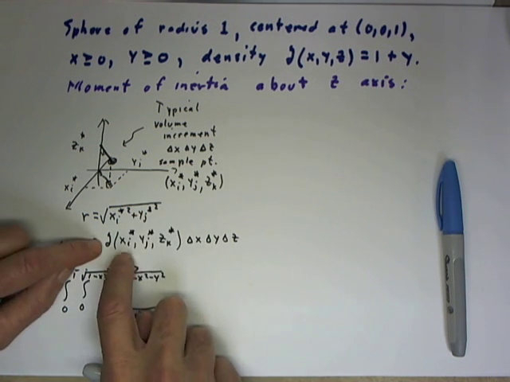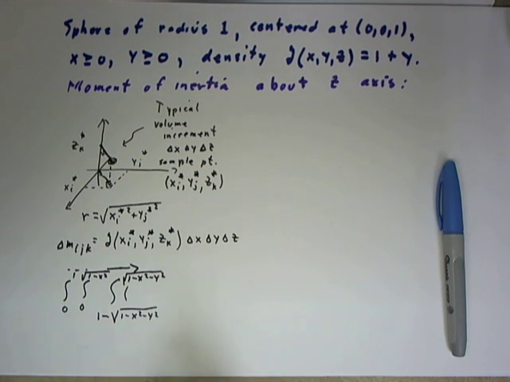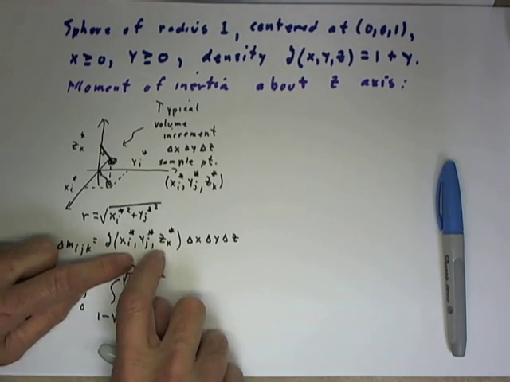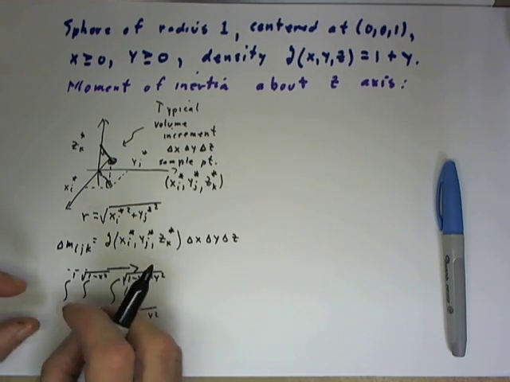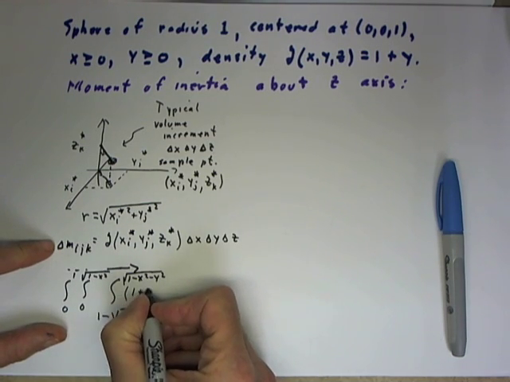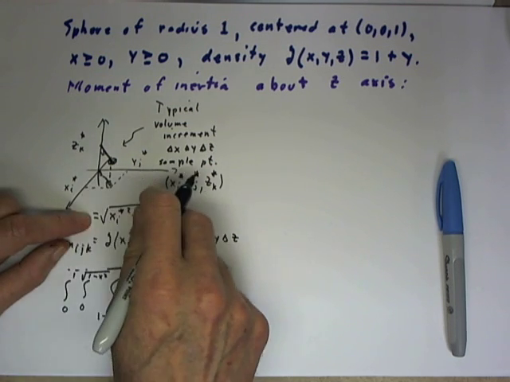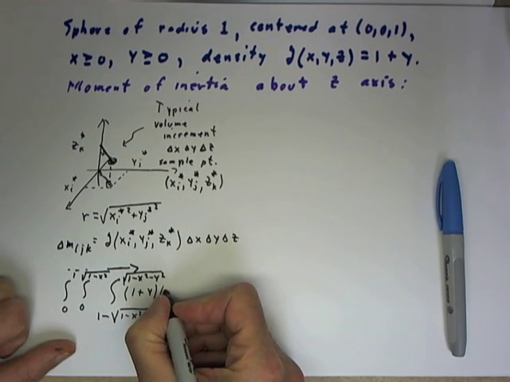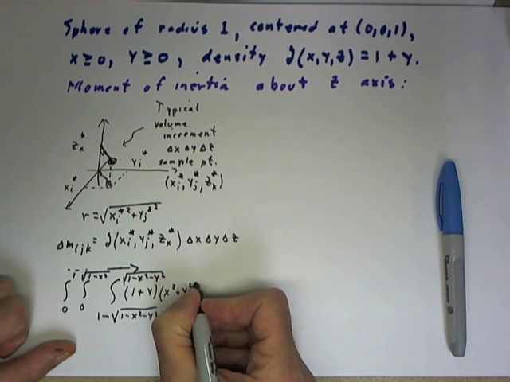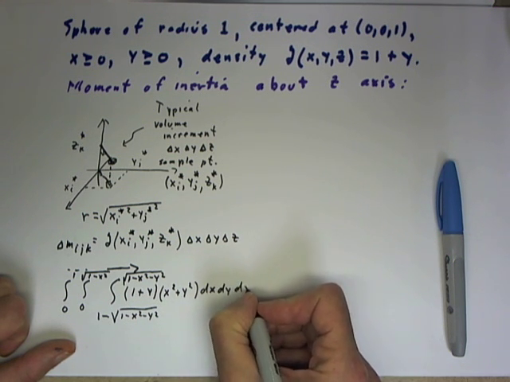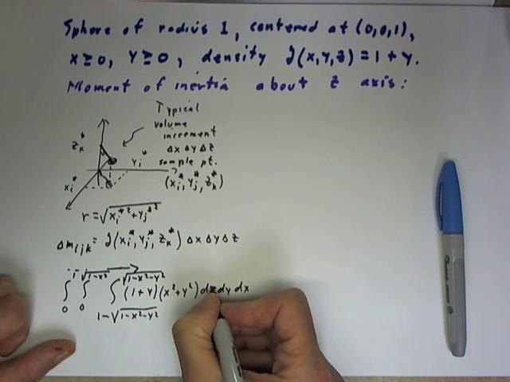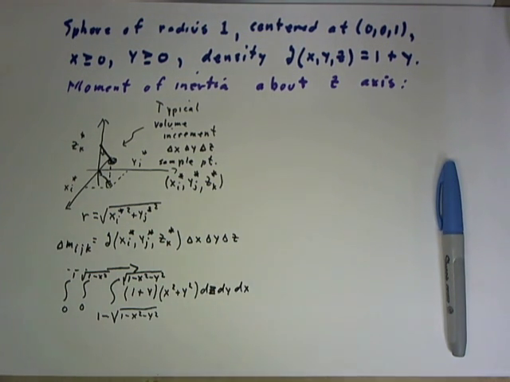So m r squared is just going to be our density function, which is 1 plus y sub j for the increment, and in the limit as everything approaches 0 it becomes our 1 plus y. Our r squared is just x squared plus y squared, and our volume is dx. Let's do this correctly. Okay, this should be dz, dy, dx.